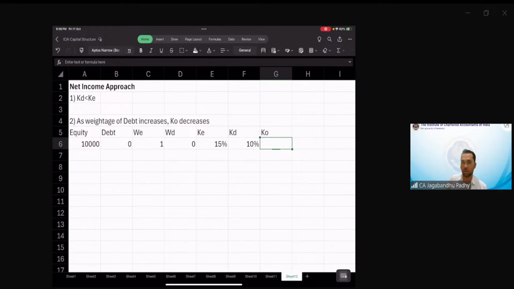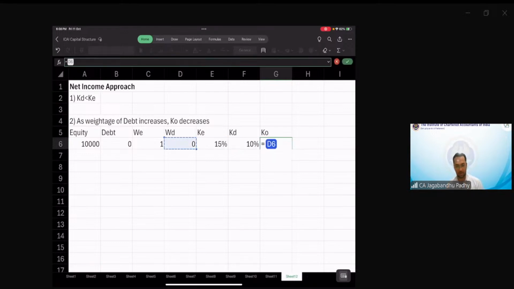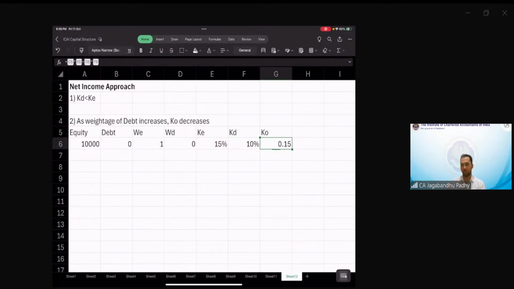Overall cost of capital is weight of equity into cost of equity plus weight of debt into cost of debt. Correct? So overall cost of capital is 15%.